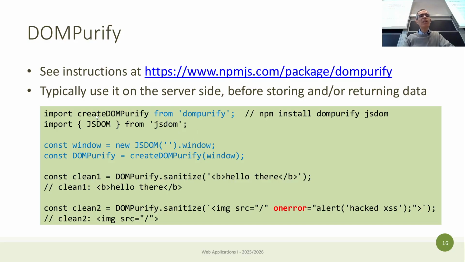The DOMPurify library is just a function, but the function wants the window object that is typically inside the browser, and if you are on the server side you need a second library to create something similar to the browser's window object, just to reuse the same library. They could have designed this library differently, giving you a function that didn't need a window, but they didn't do it.